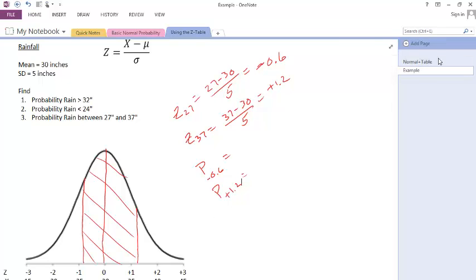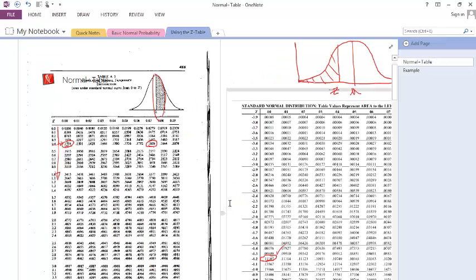For that, we'll use the table on the left. The minus 0.6 gives us about 23%, and the 1.2 gives us about 38%. So about 23 and 38%.